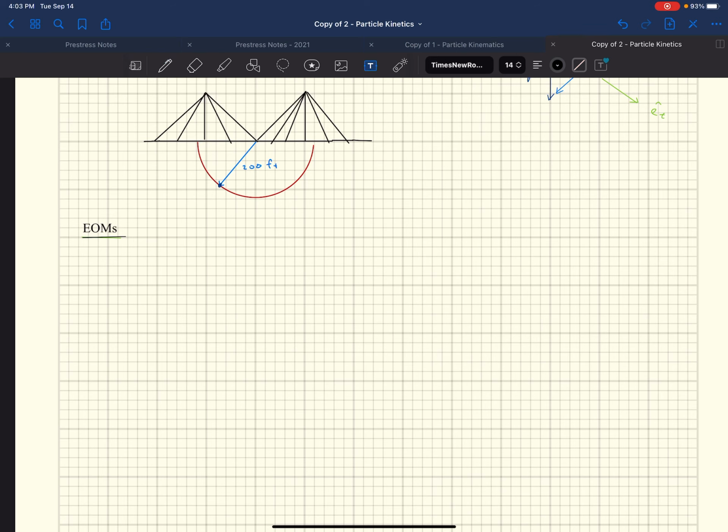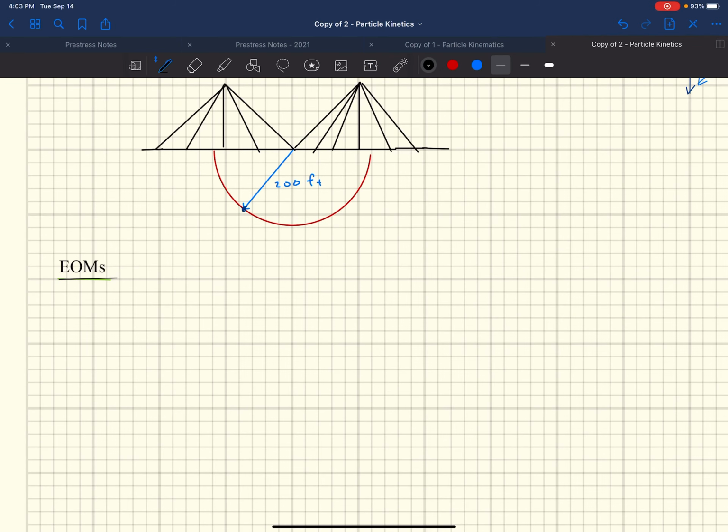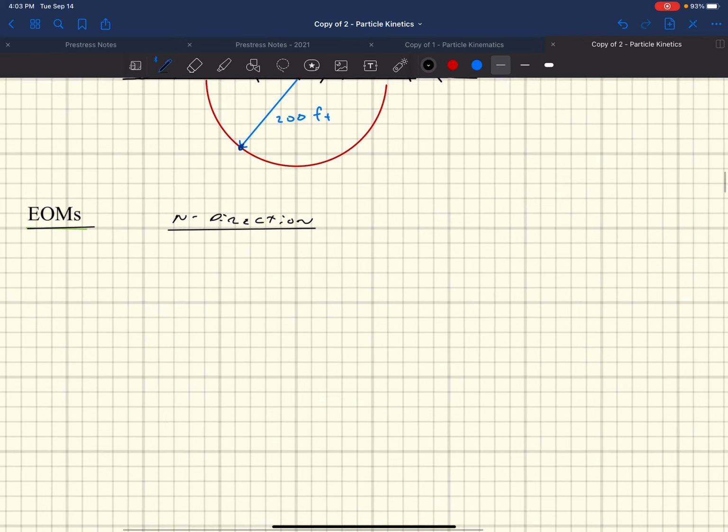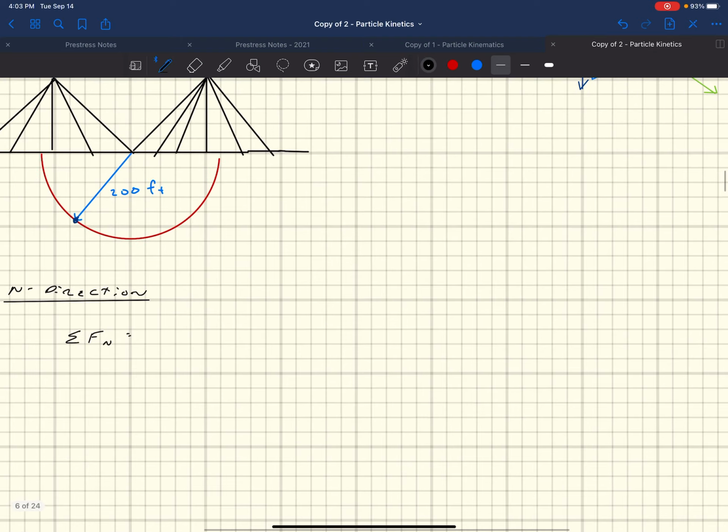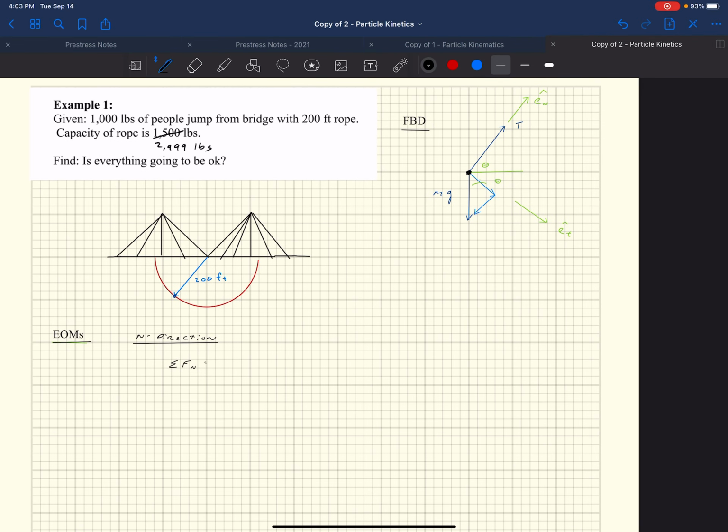So let's do the normal direction first. Sum of the forces in the n direction is equal to, at this point, just look at your free body diagram and say, what's all going in the n direction?